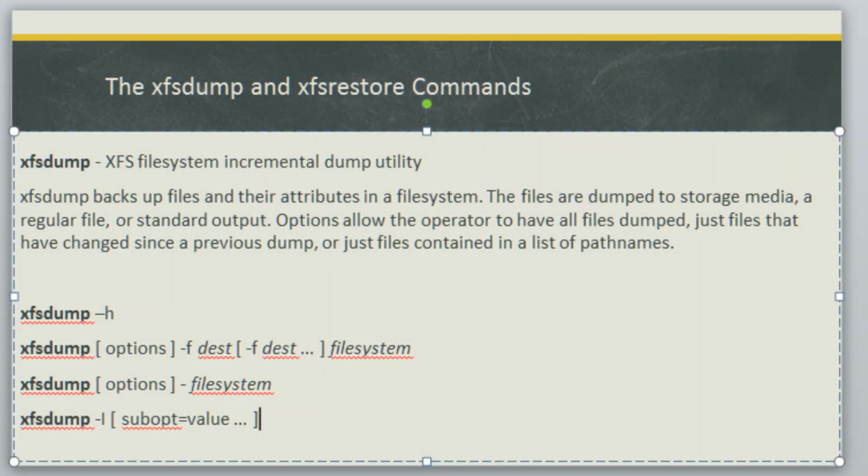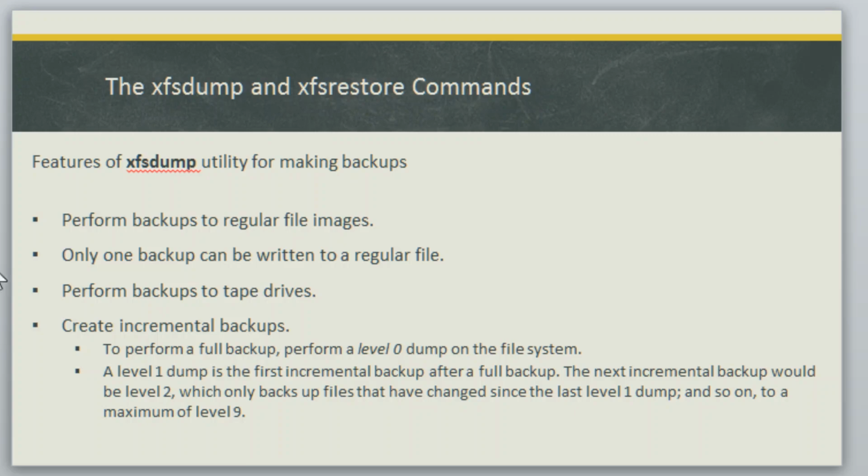So let's move on to our next slide here. We're going to talk about some features of the xfsdump utility. It can perform backups to regular file images. Only one backup can be written to a regular file though. We can also perform backups to tape drives, which is an old method of doing backups. We can create incremental backups, which is what people do most of the time.